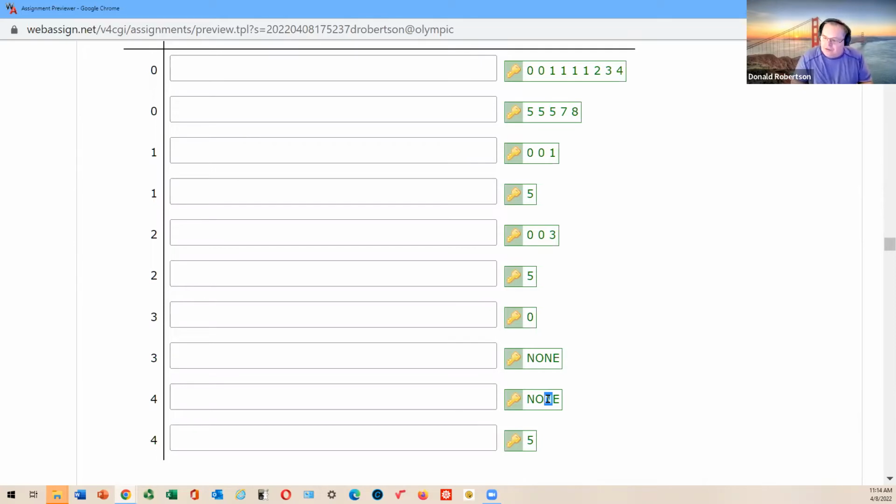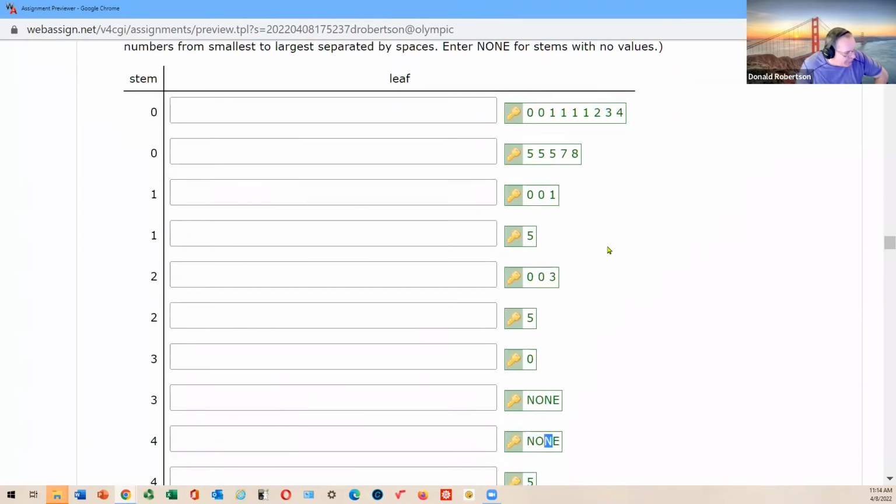You have to show them that you know there's nothing in there. I would have thought leaving it blank would mean that, but evidently WebAssign's not that clever. You have to physically say there's nothing in here. And I'm telling you because I'm writing none, right? I guess that's overkill, but that's what they want. Are you comfortable with that?